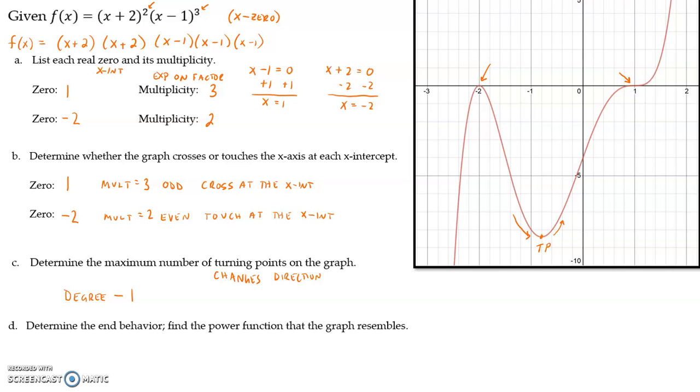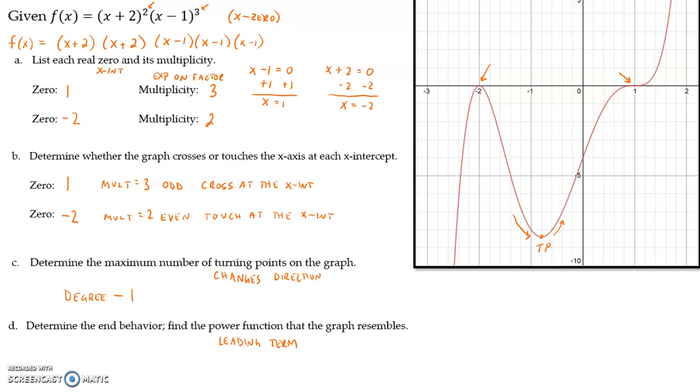Let's take a look at part D. We want to determine the end behavior, or find the power function that this graph resembles. So the power function is going to refer to your leading term for your function after it was all the way multiplied out. Now, we have 5 sets of parentheses here. We don't necessarily want to multiply this all the way out, but I went ahead and wrote it in expanded form.